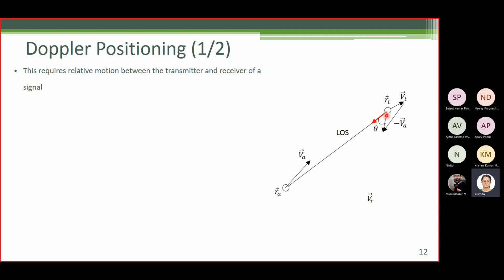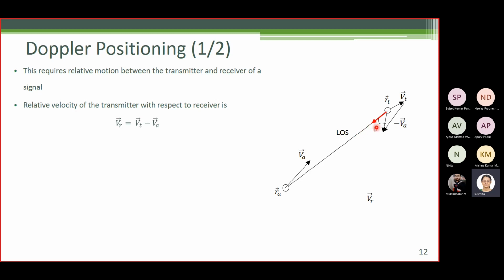So this arrow here shows the relative velocity between the user and the transmitter, Vt minus Va, which is Vr. Now this straight line connecting the user and the transmitter is called the line of sight.